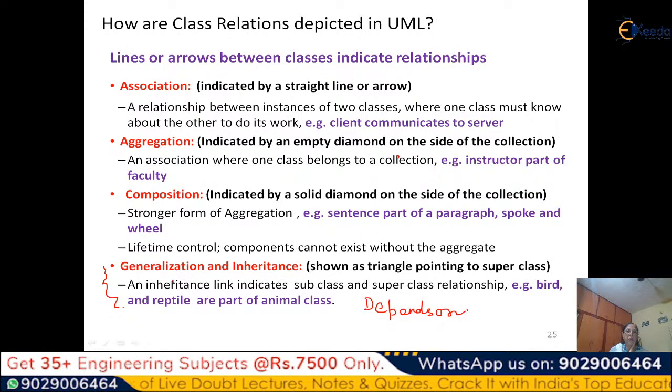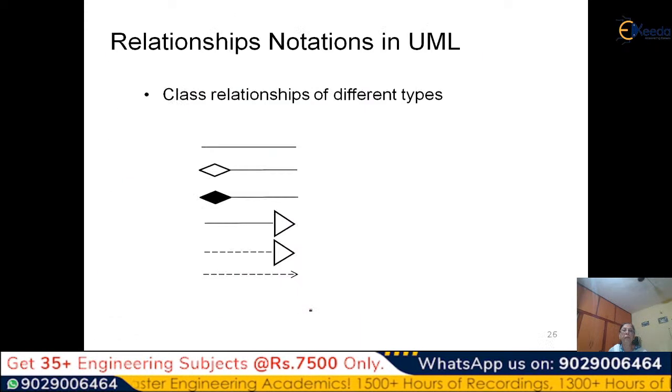That means many lower objects get generalized to a higher class, and the lower classes inherit the properties and operations of the superclass. For example, birds and reptiles are part of the animal class. So you can provide these examples.